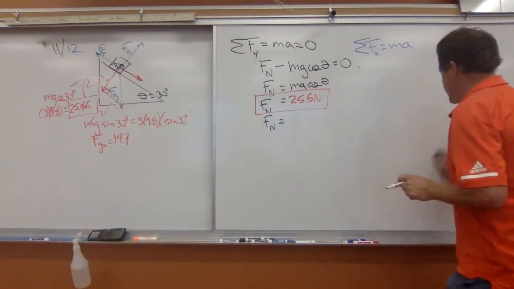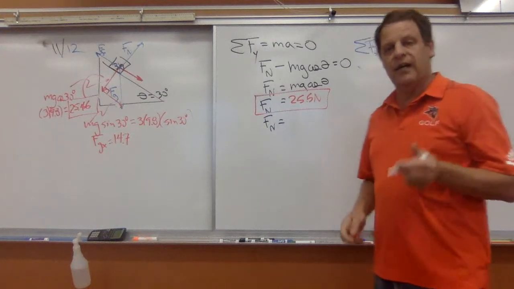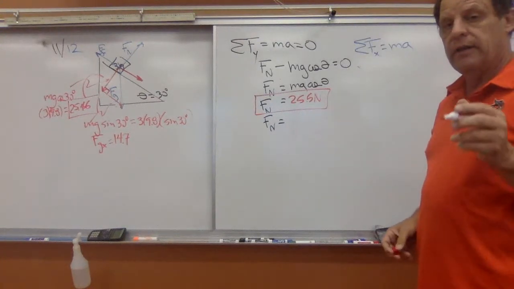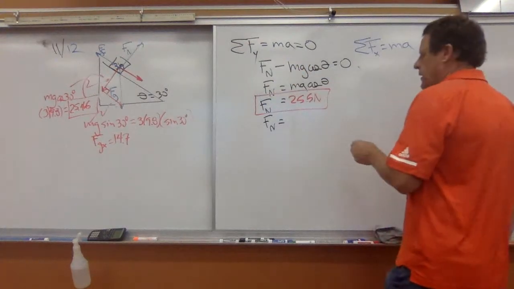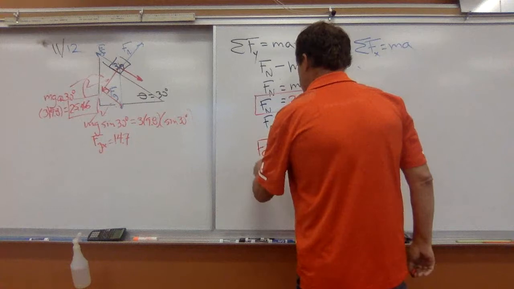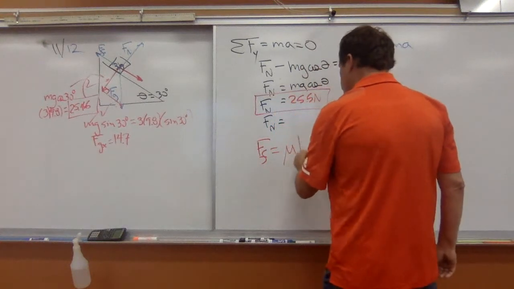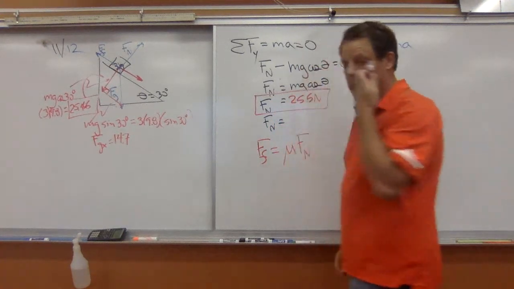Now, what's going to be a little more complex is that we're also going to have the force of friction. Remember that the force of friction is equal to mu times the force normal.